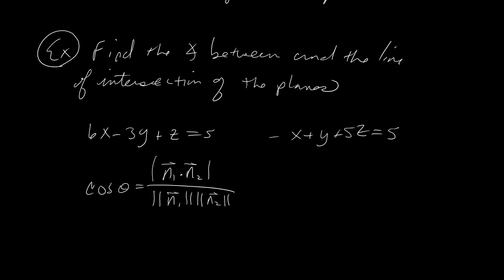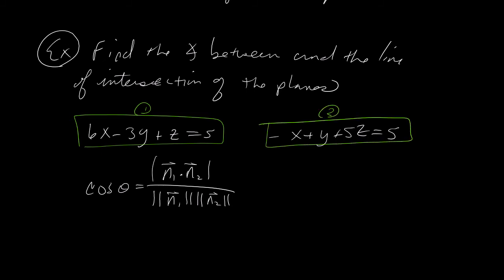Okay. All right, so the only thing we have to do is come up with n1 and n2. So that is not going to be difficult to do. We have two planes here. So I'm going to call this one equation 1, or plane 1, and this one I will call plane 2. All right. So n1 is the normal vector to plane 1, n2 is the normal vector to plane 2.